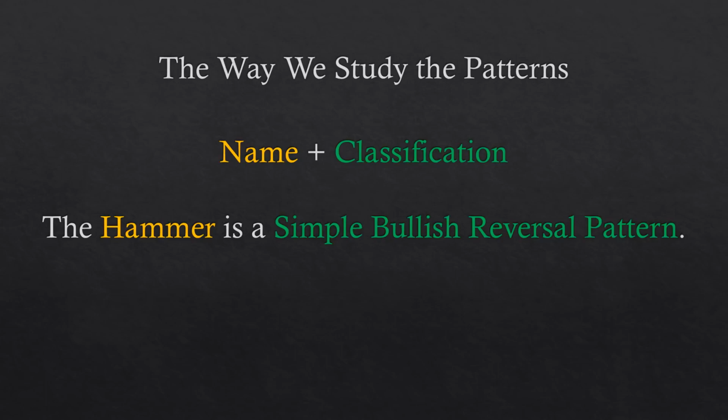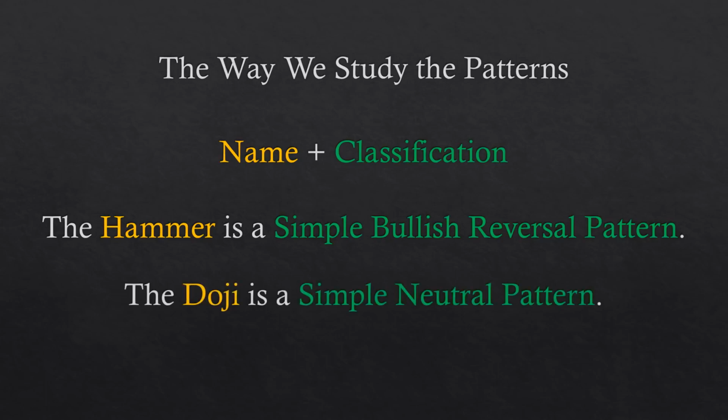Another example could be the doji is a simple neutral pattern. So the name of the pattern is doji, and by looking at its classification, we know that it is composed of one candle only, and it indicates a momentary stop in the advancement of price. As I said before, this is useful to memorize and organize the patterns since there are many of them.